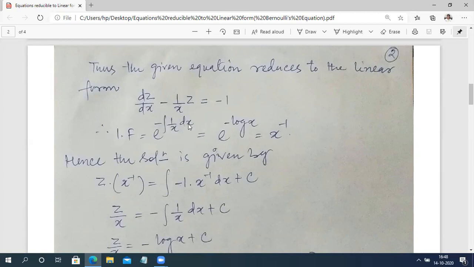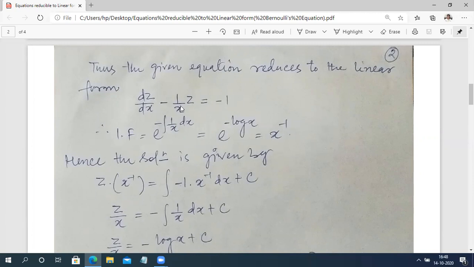So P dx, that is equal to e raised to the power minus of, this value is log of x. You can bring this sign into the power of x, so it will be x inverse, or you can write e to the power log x inverse, means x inverse only. So the integrating factor will be 1/x.